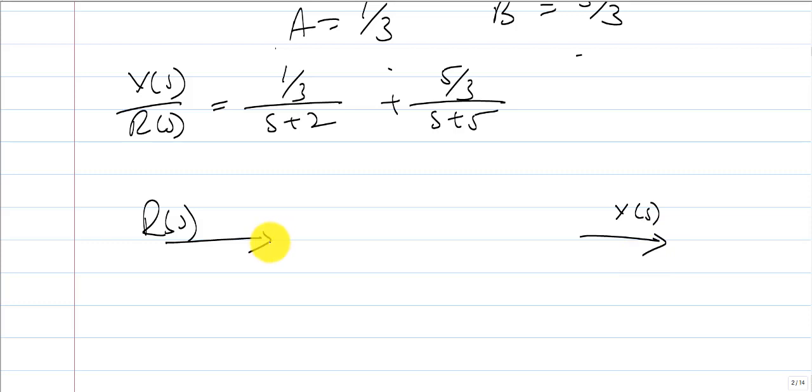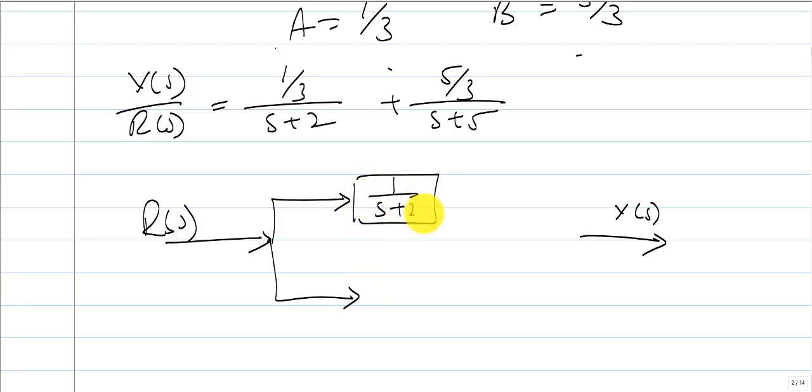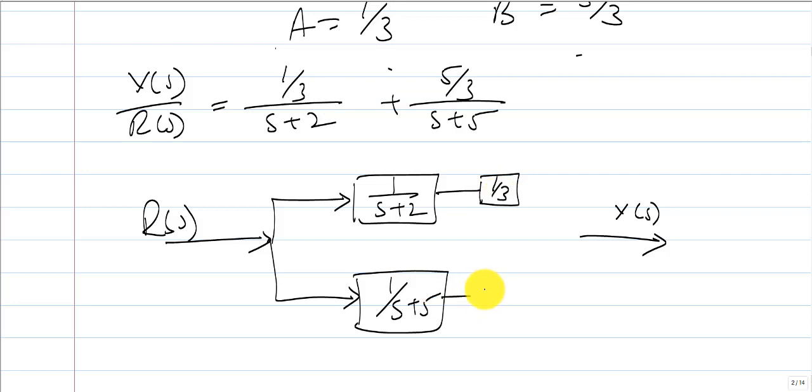R(s) goes to both transfer functions, so we write 1/(s + 2) and 1/(s + 5), and we make small gain blocks, 1/3 here and 5/3 here. They sum up here and produce Y(s). We call the first outputs X1(s) and X2(s).